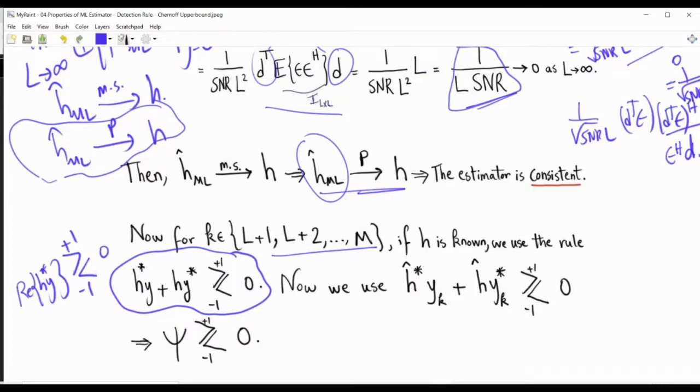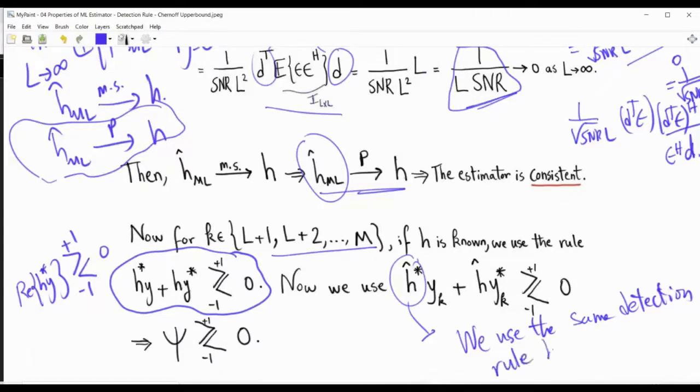So here we use the same detection rule, but employ our estimate of H. Can we do something else? By the end of the day, we don't know the true channel, right? So this is the way to go. You just use the channel estimate, and this becomes your detection rule.